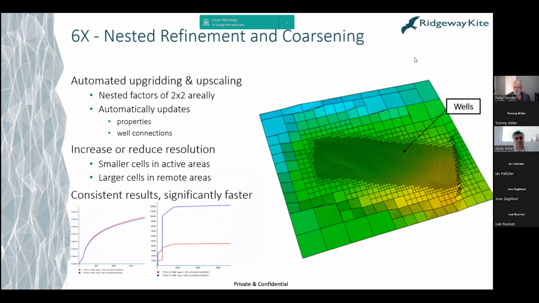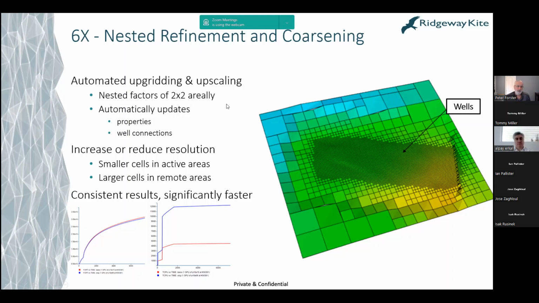We can also make the run go faster by doing dynamic upgridding. So we have the option to specify the area where our wells are to keep that at very high resolution and to coarsen the rest of the model where there's less activity.